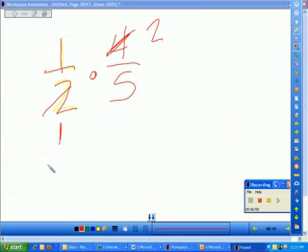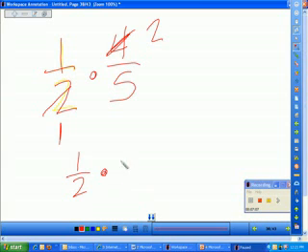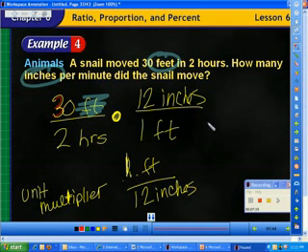And how, when you're multiplying fractions together, you cannot cancel going straight across. Like if this problem were 1/2 times 5/4, you can't cancel straight across. You can only cancel if one of the numbers is in the denominator and one of them is in the numerator. Well, it works the same way here.